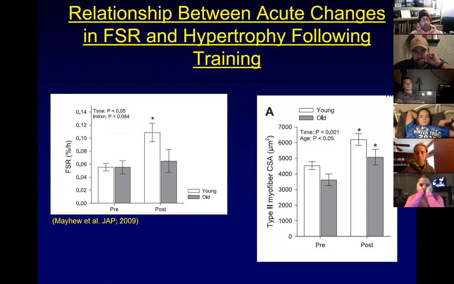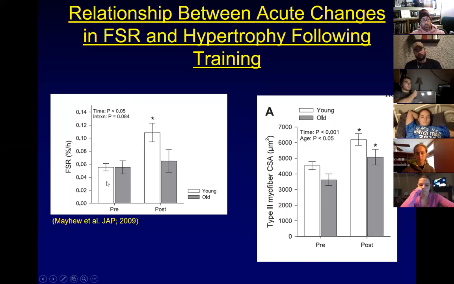Okay. All right. So here we're going to have acute changes in fractional synthesis rate and hypertrophy following resistance training. And I'm going to show you guys a little bit of all of this in an effort to think about whether there are going to be some kind of effects of hormones, and whether it's the acute change or just actually having some hormones.